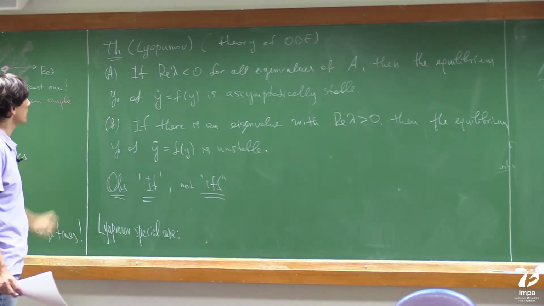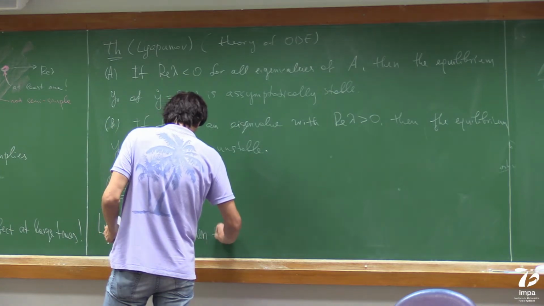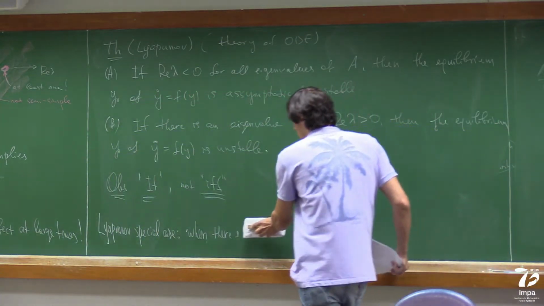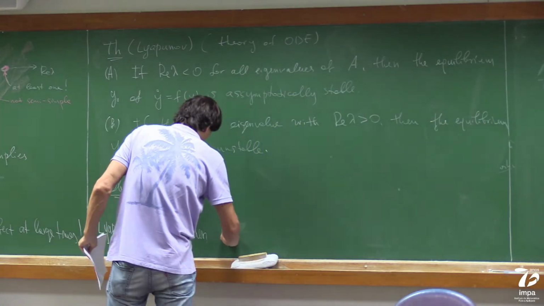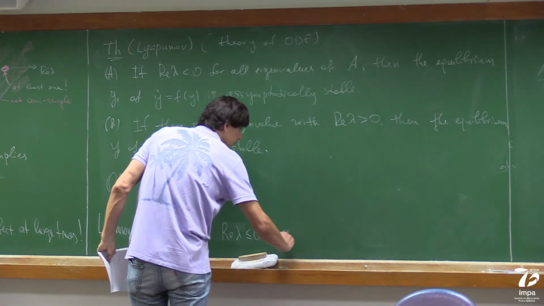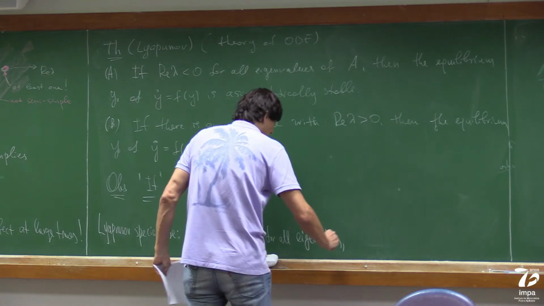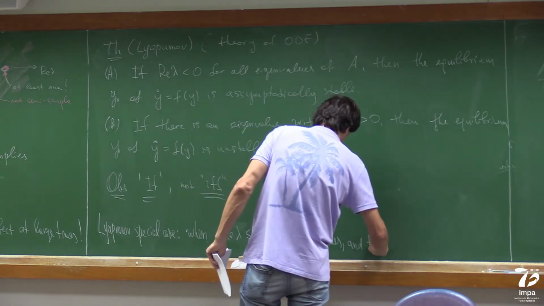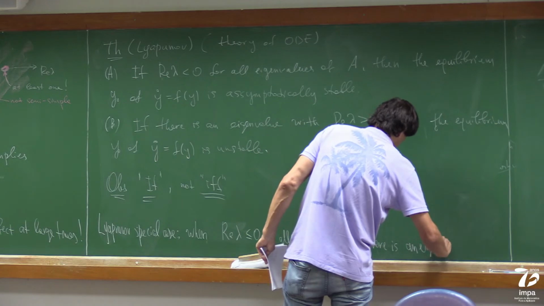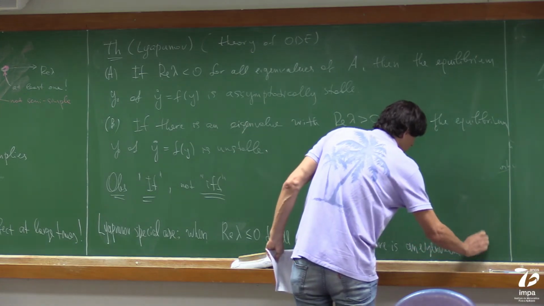This is the case when the real part of all eigenvalues is smaller or equal to 0, and there is an eigenvalue with real part equal to 0.